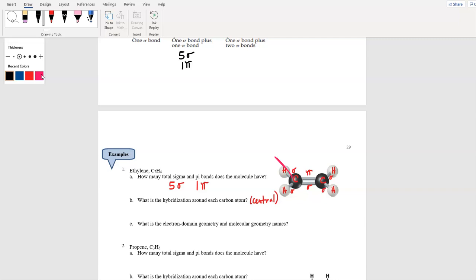I have this region, I have this region, and I have this region. So this carbon right here has 3 electron regions. And remember, carbon has its valence electrons in the S and the P, and hydrogen has its valence electrons in the S's.